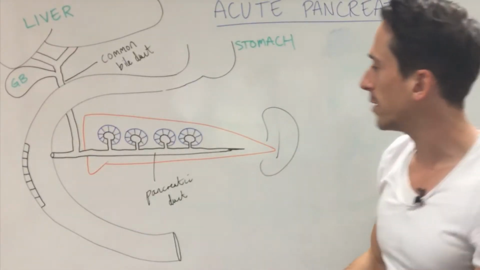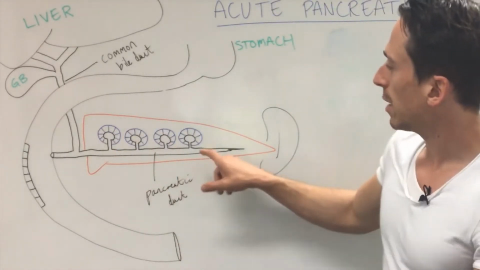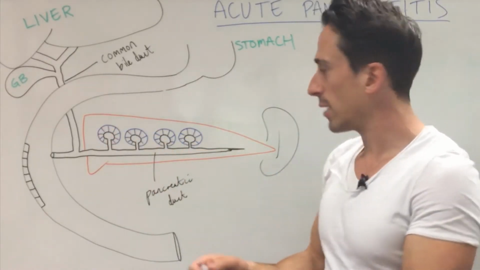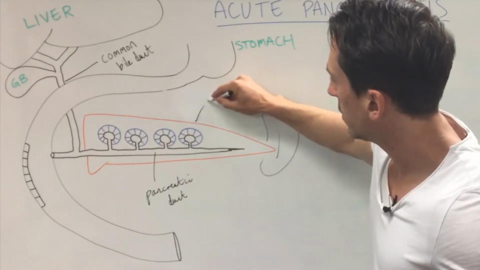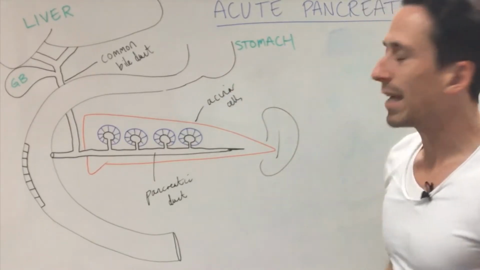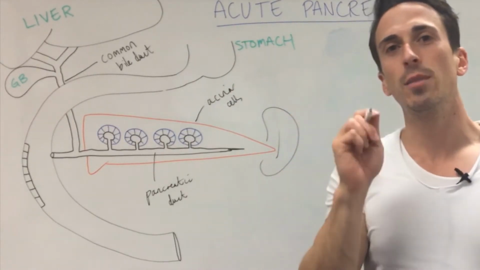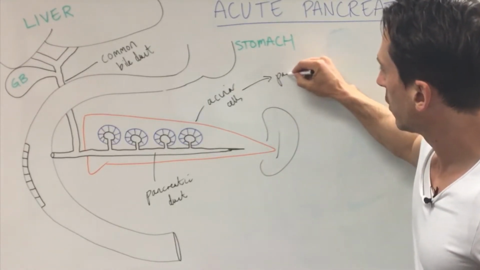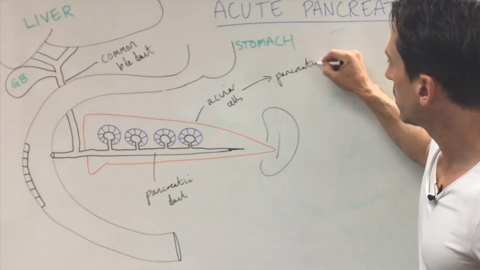It emulsifies it. The other thing that happens is that you can see I've drawn these little groups of cells in the pancreas, and these groups of cells are called acinar cells. Now what acinar cells do is they release the pancreatic juices. What are pancreatic juices?